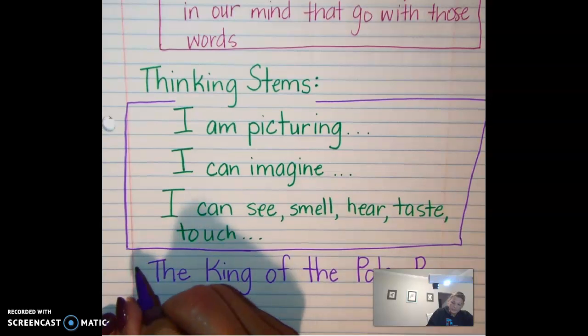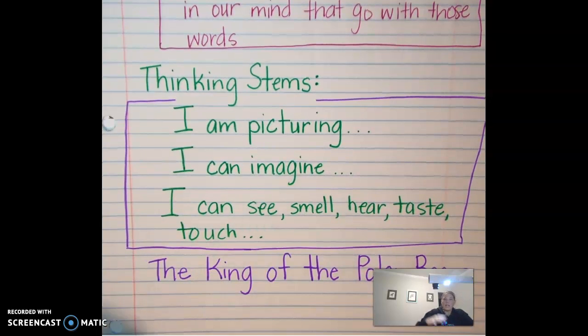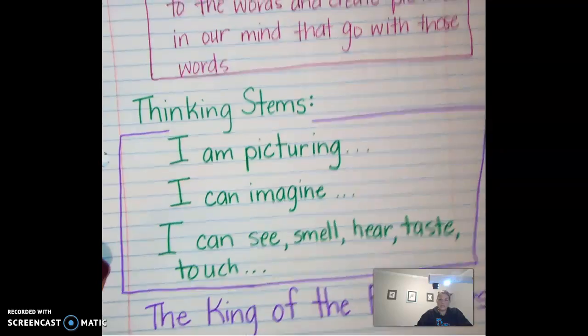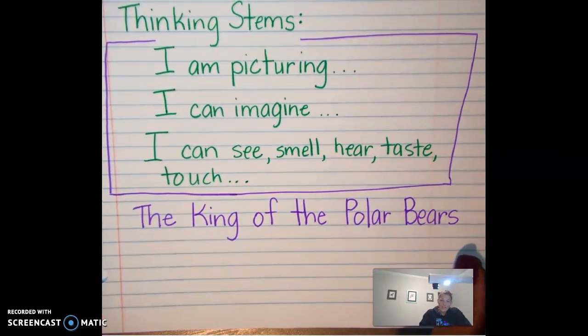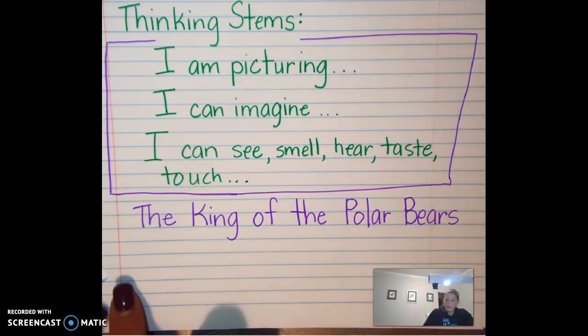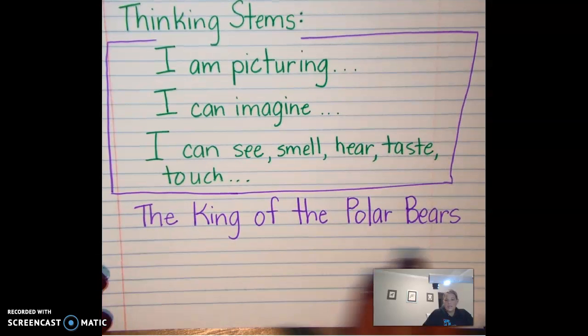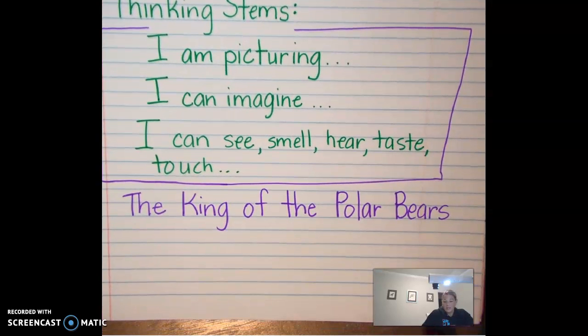Okay? The King of the Polar Bears. So as I read today, I want you to listen and think to yourself, what am I picturing? What can I imagine? What can I see, smell, hear, taste, or touch during this story? And at the bottom of your page, I want you to draw a couple sketches of those things.